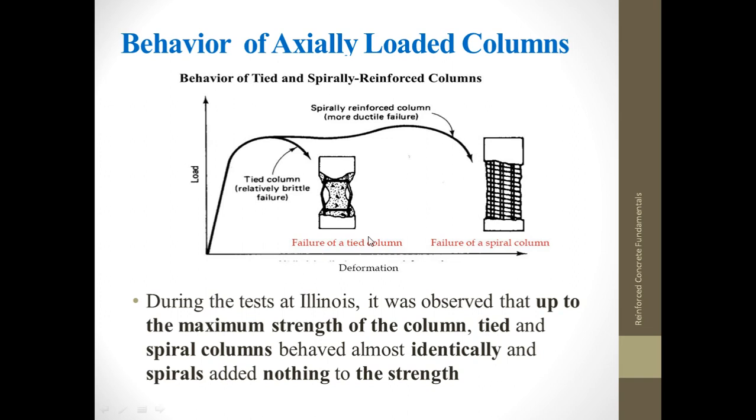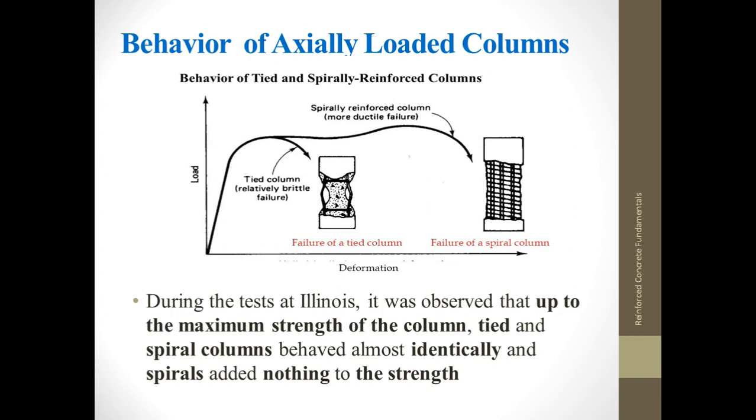Therefore, we can understand that tied and spiral columns having the same cross sections and longitudinal steel areas, of course, behave identically up to that point, the point here. As you see, the behavior of the stress and the deformation is identical. At this point, crushing and spalling of concrete starts.